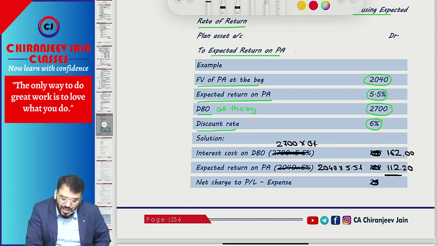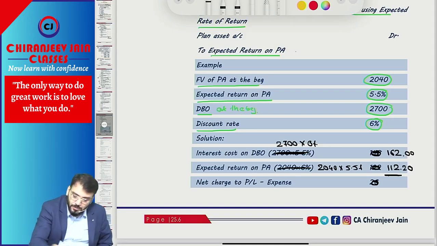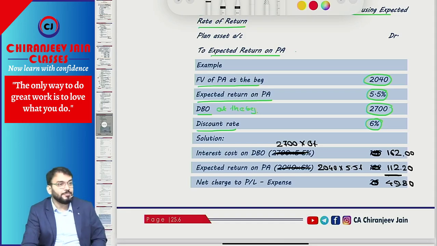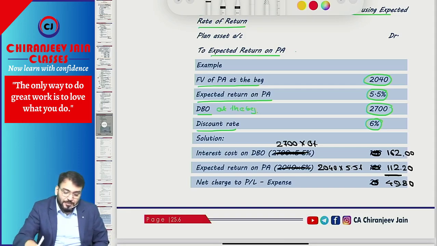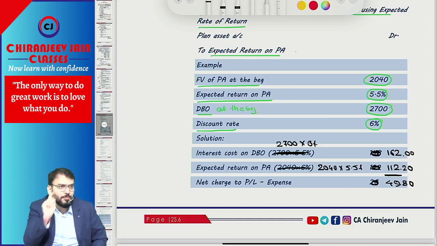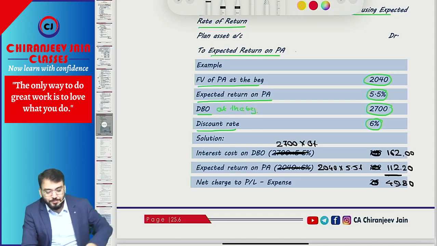I said net charge means expense, so this minus this, 49.80. Understood this point? So with this example, I hope you have understood that the expected rate of return will be used to calculate interest income, that is, expected return on plan asset. And the discount rate will be used to calculate interest cost. This much you need to keep in your mind. Got this point? Yes, sir.